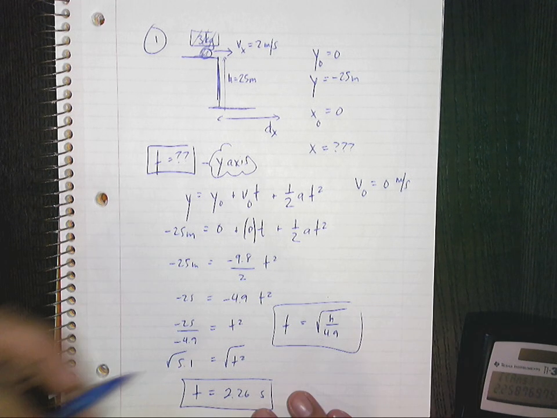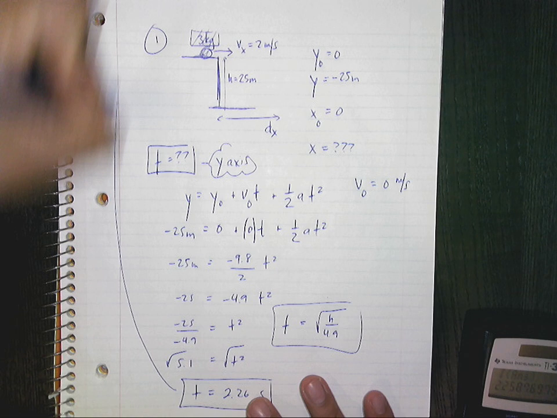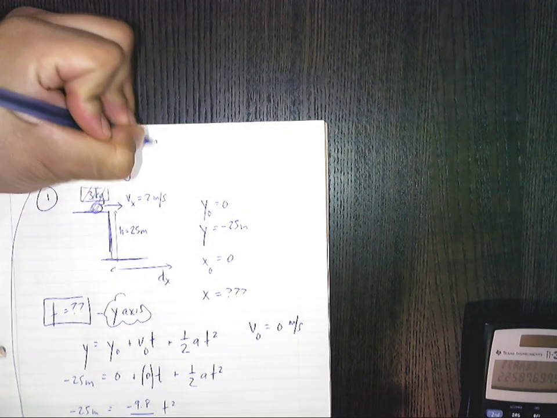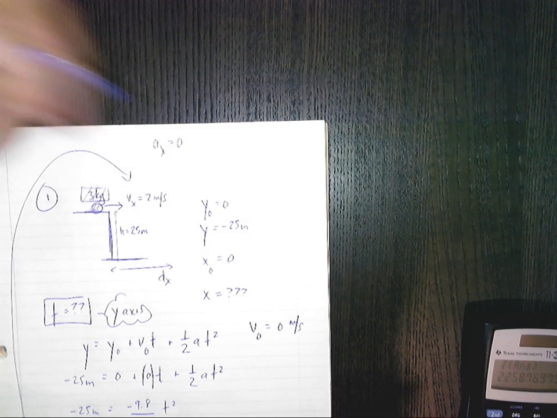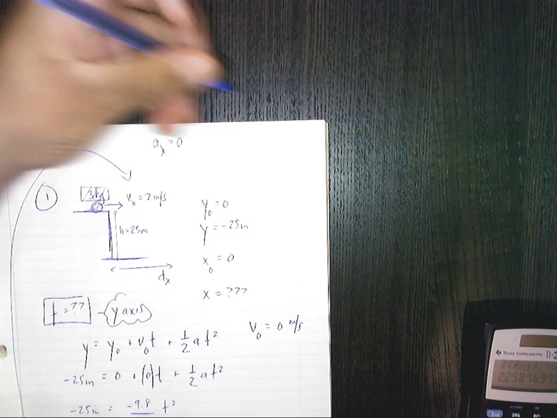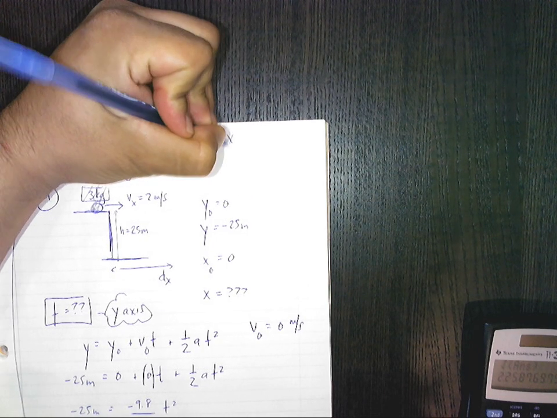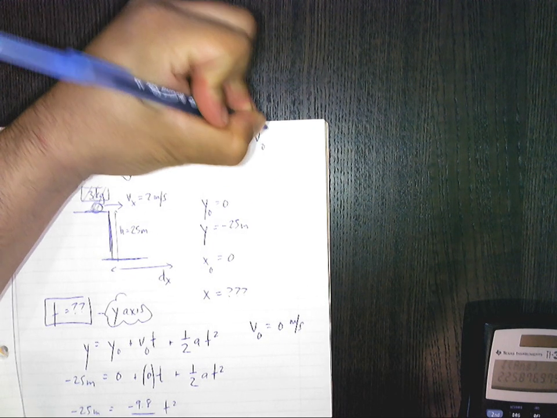So ultimately, I can bring that back to the top and use my equation. Since I know my acceleration in the x equals 0, then I really get the equation x equals x0 plus v0 t.